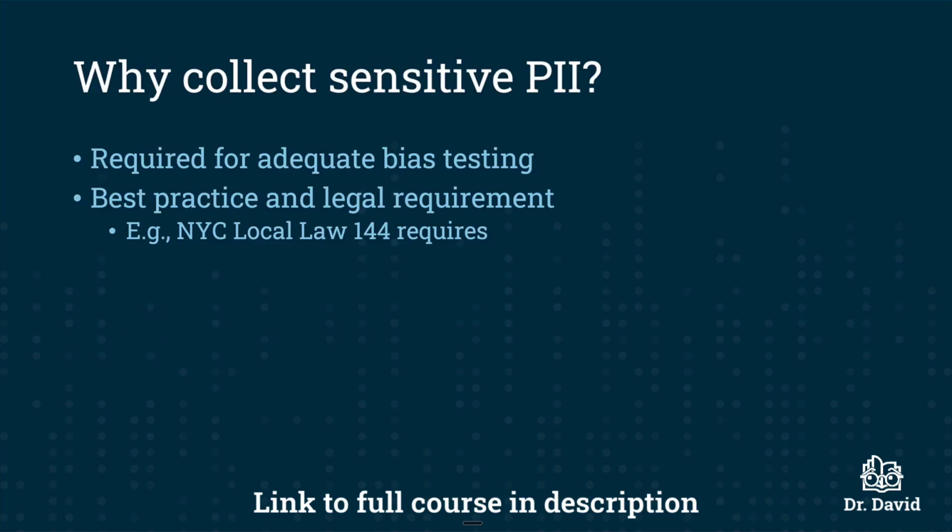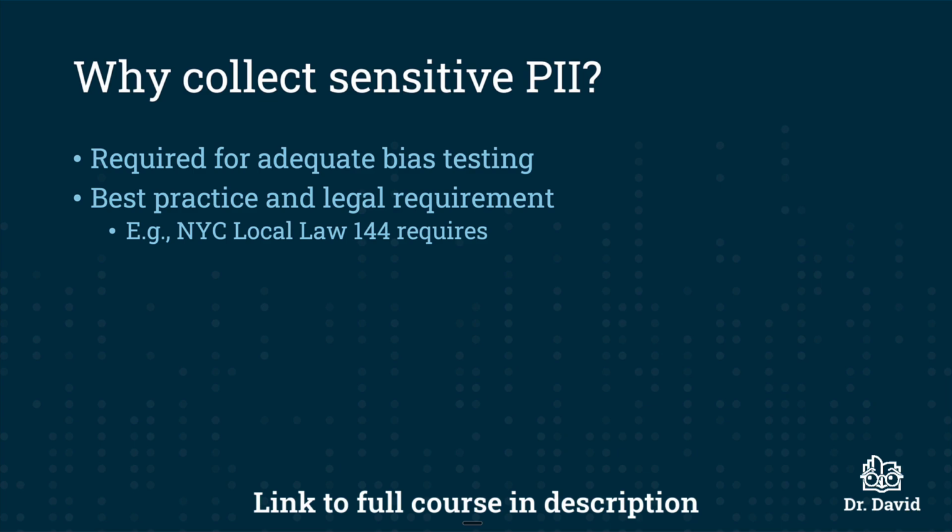Why might organizations collect sensitive PII or special categories of data? Well, in the AI and machine learning context, this data is required for bias testing. For example, if we have a credit loan algorithm that is processing loan applications, we want to make sure that our algorithm, our model, is not discriminating against applicants based on protected characteristics such as race, ethnicity, gender, etc. Well, in order to test whether or not that model demonstrates any biases, we need to have this kind of data.